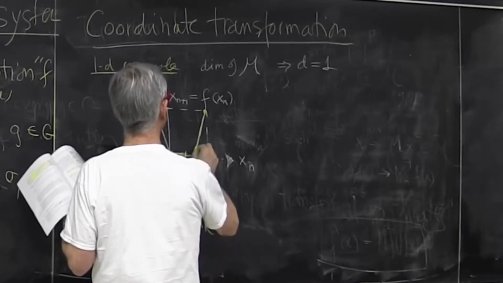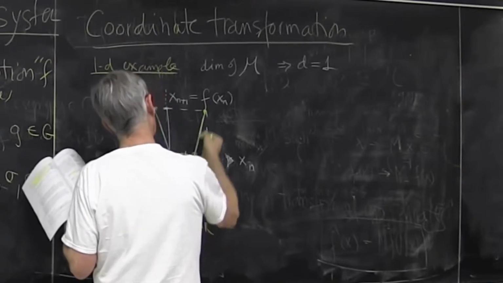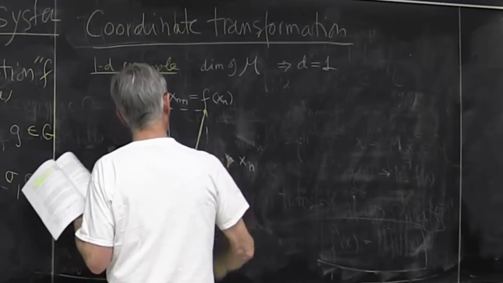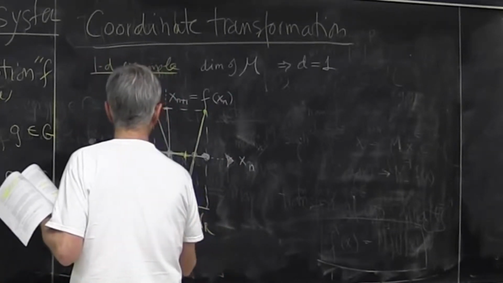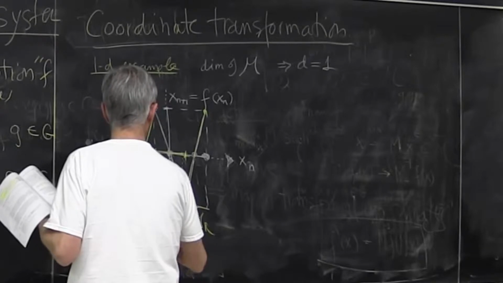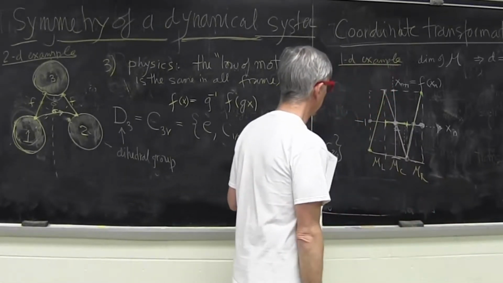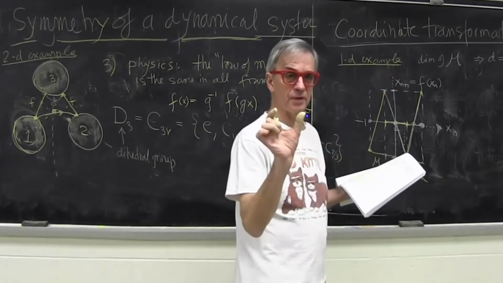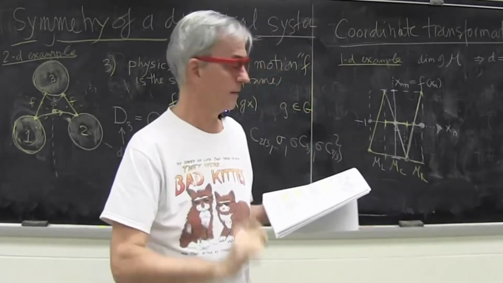And if I'm in this interval, then I get further toward the edge in one iteration. And there is an interval like this, the left interval. So the map can be thought of as 3 separate maps. The space is divided into 3 subspaces.